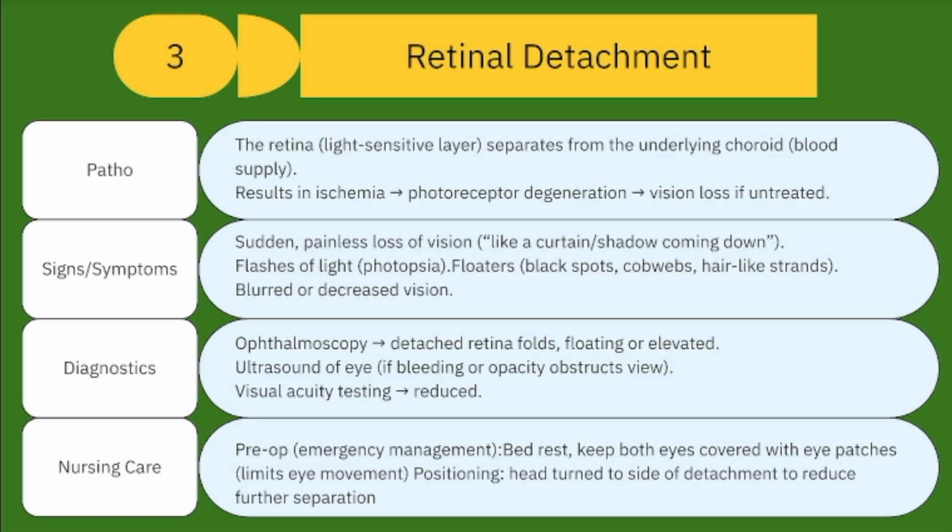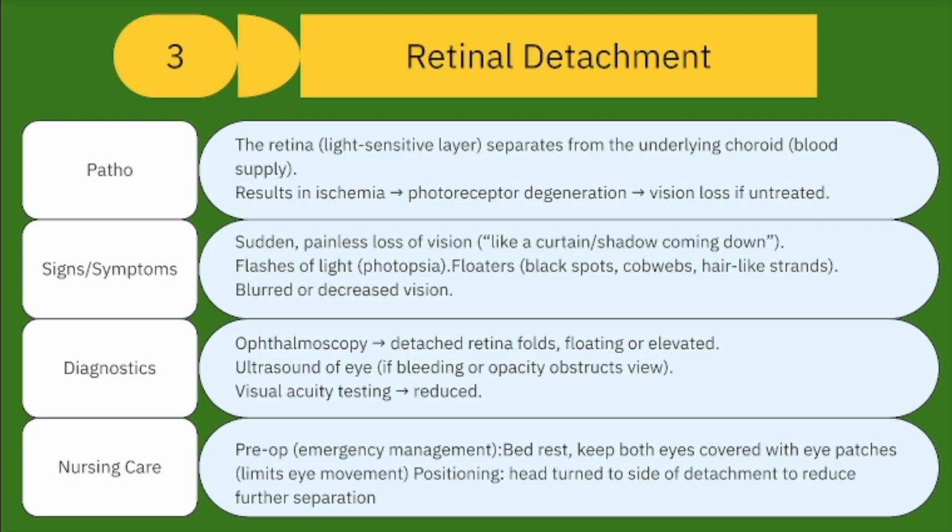Moving on to retinal detachment. This one comes on fast. A classic phrase is a curtain or shadow suddenly covering vision. You might also hear about flashes of light or floaters, but this one is actually painless. So, what do you do with your patient if they have retinal detachment?